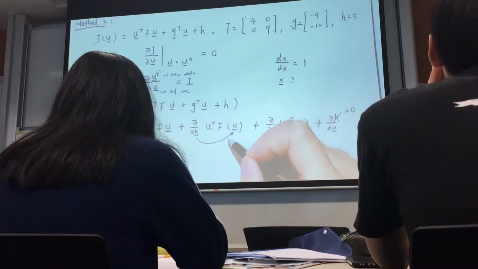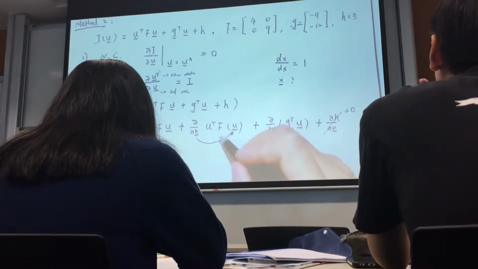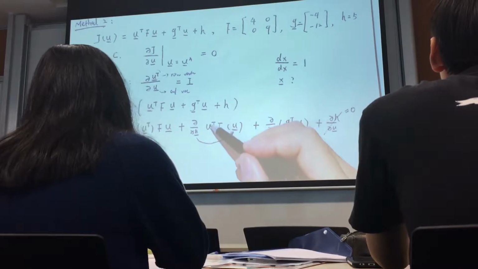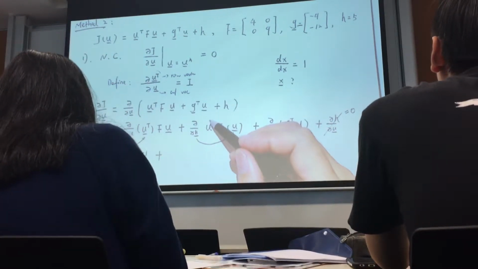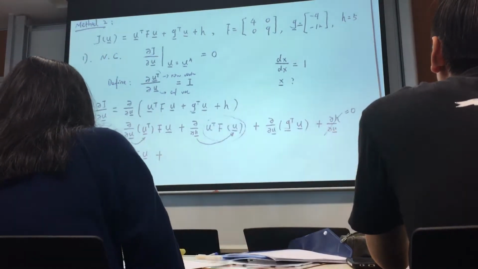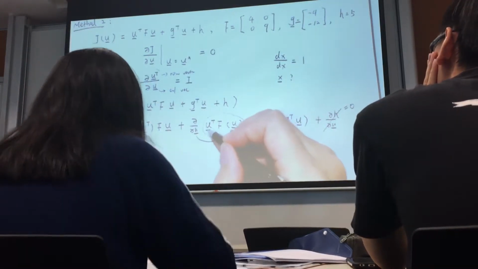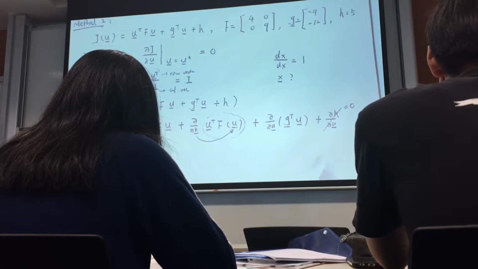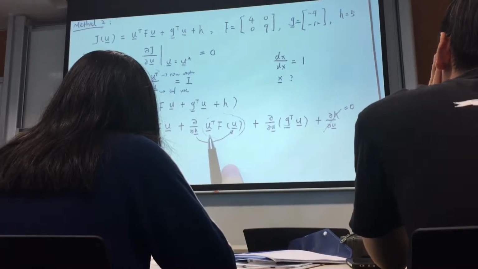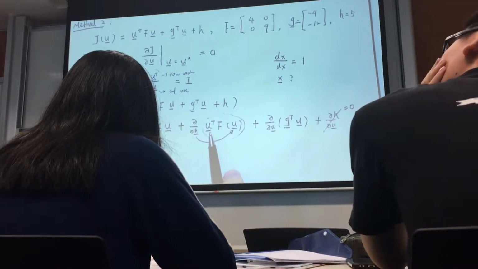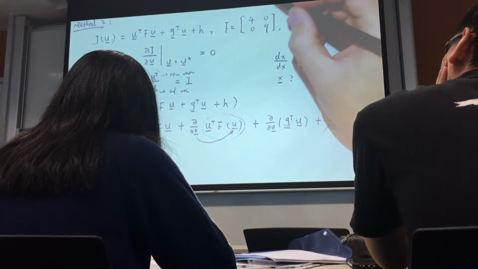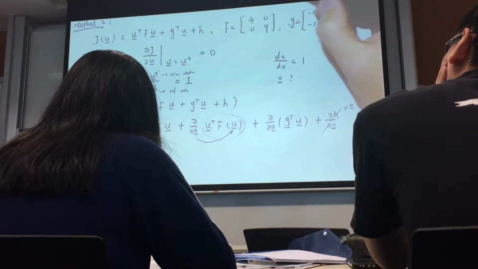Before we apply the trick, let's check the dimension of this product. We know u is a column vector, so u is 2 by 1.